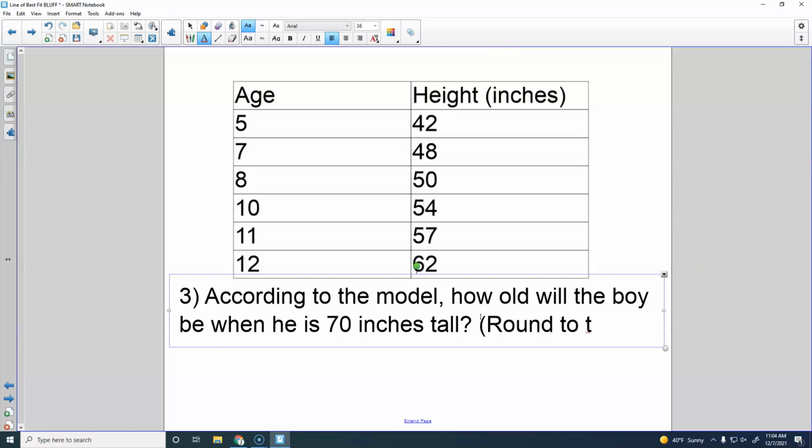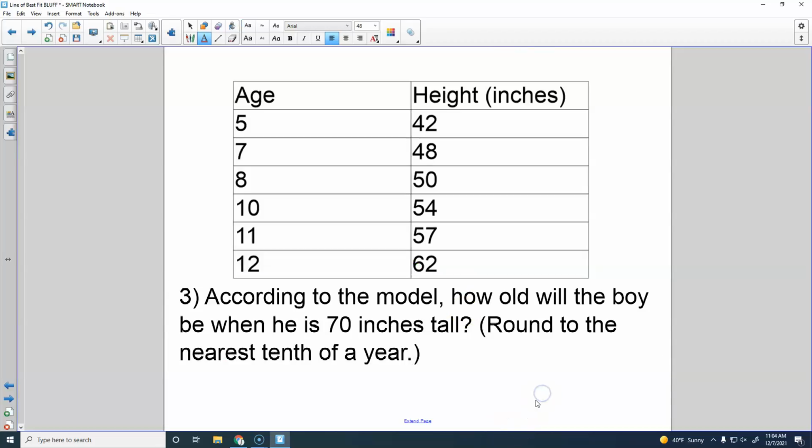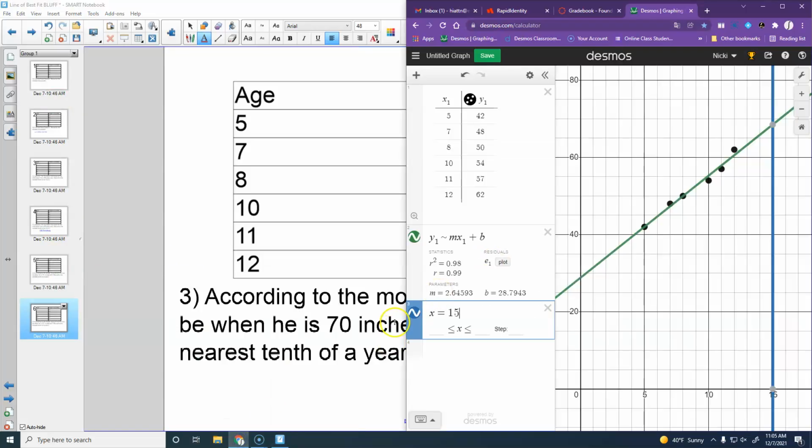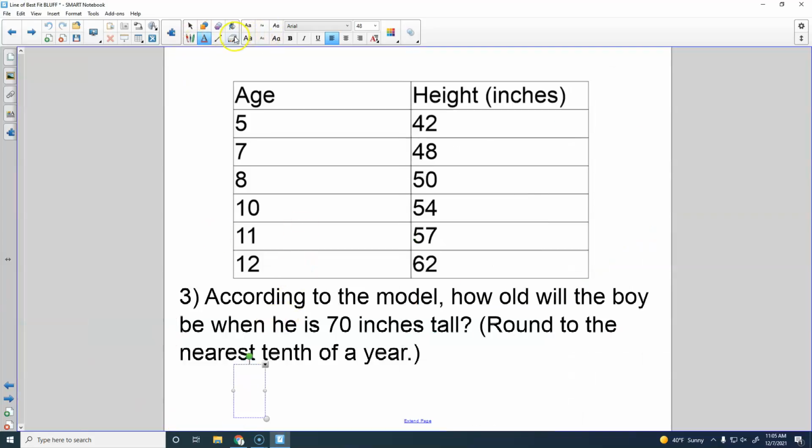Round to the nearest tenth of a year. Alright, you should not be consulting with others.